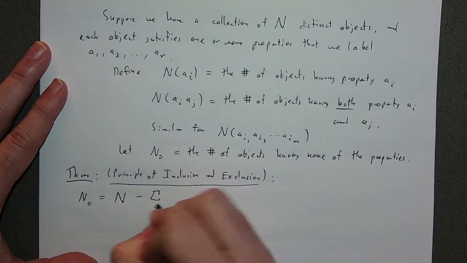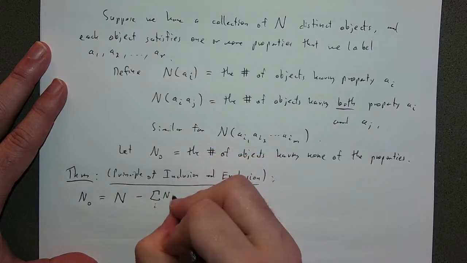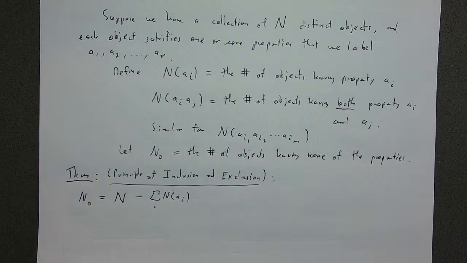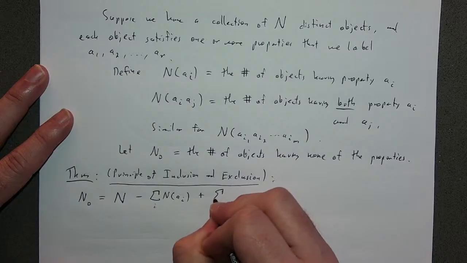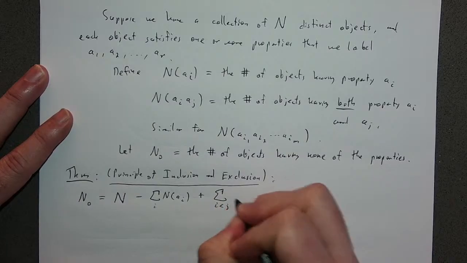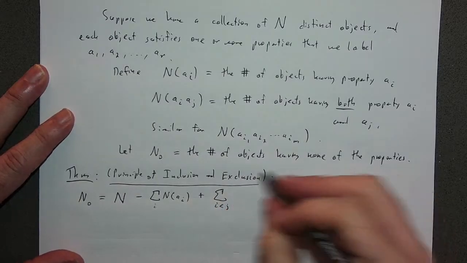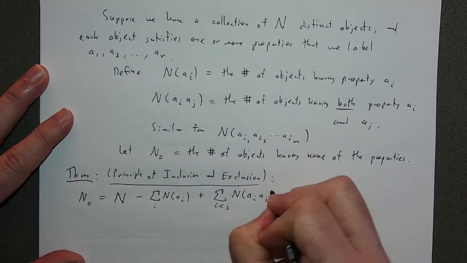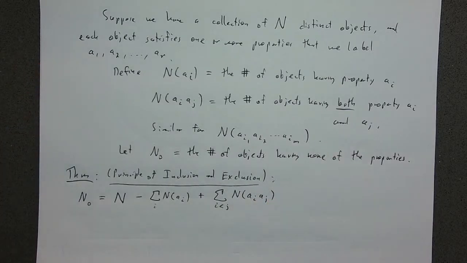the sum over I of the numbers of objects having individually the single properties, plus the sum over I less than j of the numbers of objects having both A sub I and A sub j properties.